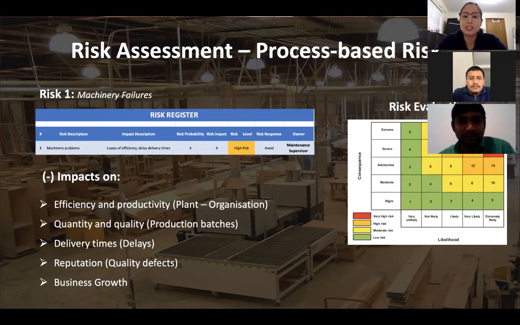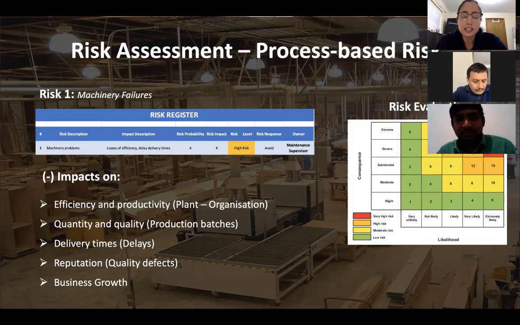For this technology report, according to the risk register, we chose the risk with the highest level of impact, which is machinery problems.